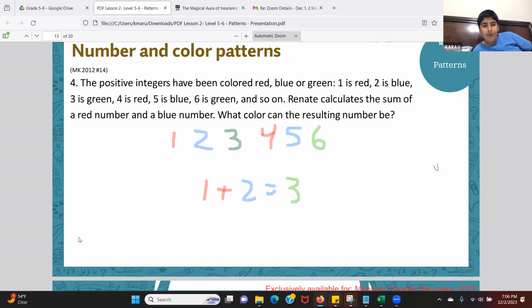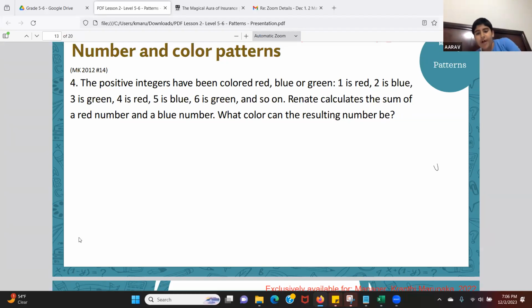And also, here's another way to really explain how it will always result in green. So red will have 1 and then blue is 2. It always adds by 3, so say the first red number is 1, the second red number would be 3 more than 1, which is 4.